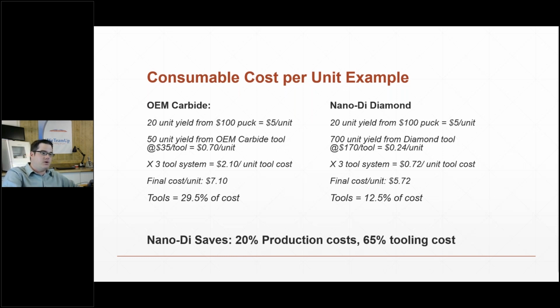Now, when you get into our nano die, yes, it's a higher initial investment, but the drastically greater yield per tool that you get breaks down to a much less expensive milling cost. So you can see even with a $100 puck, we go from $7 to $5.70 on your cost per unit, which is really significant in terms of your business case.